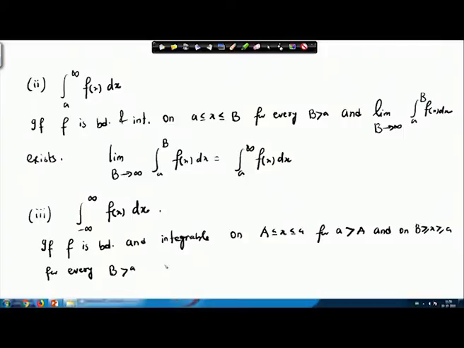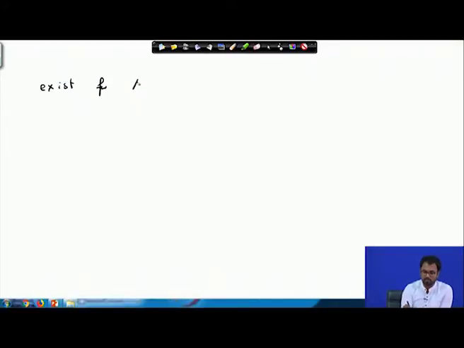and the limit as A goes to minus infinity of the integral from A to small a f(x) dx, and the limit as B goes to infinity of the integral from a to capital B f(x) dx, they both exist for capital A less than small a less than capital B, then we say that this integral from minus infinity to plus infinity f(x) dx is convergent or exists.